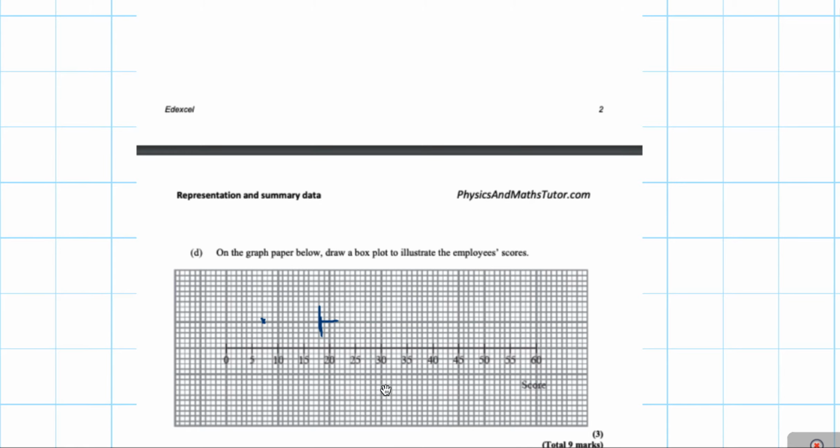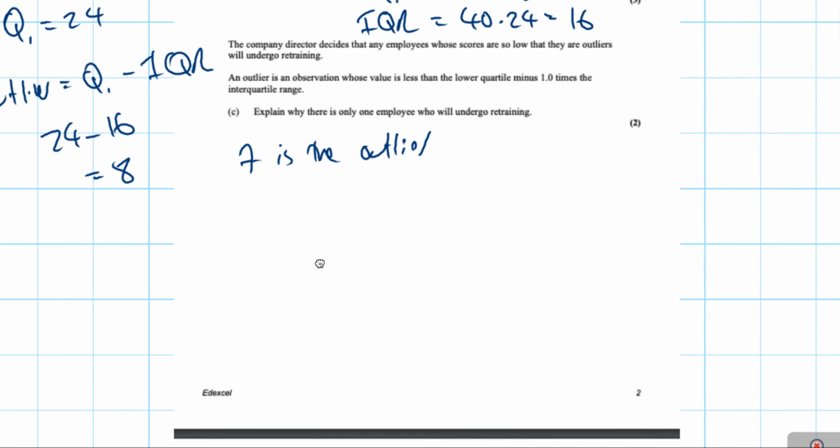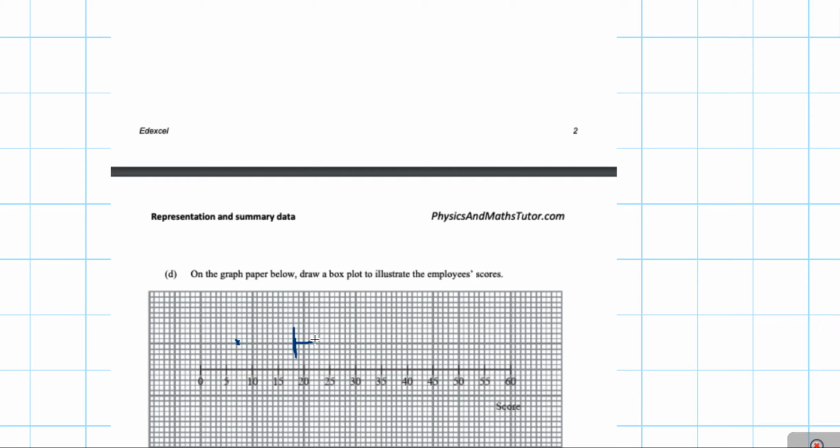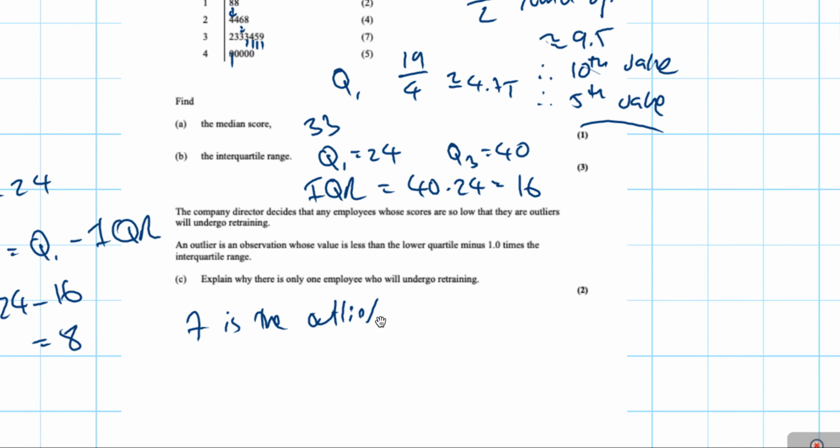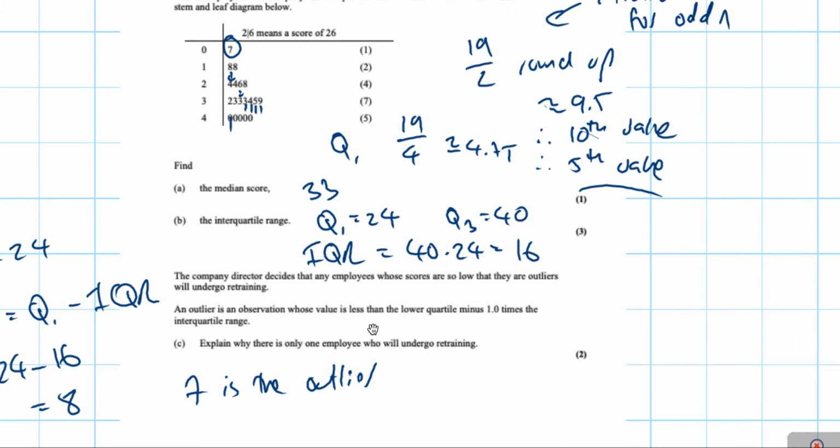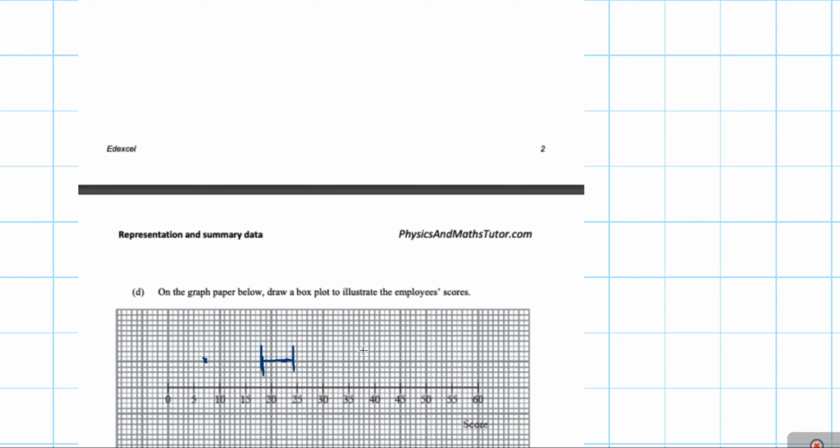We then carry that on to quartile 1. Quartile 1 is 24, so that starts the actual box, and then that continues all the way through to quartile 3, which is 40. So it's going to continue there to 40, and that's Q3.